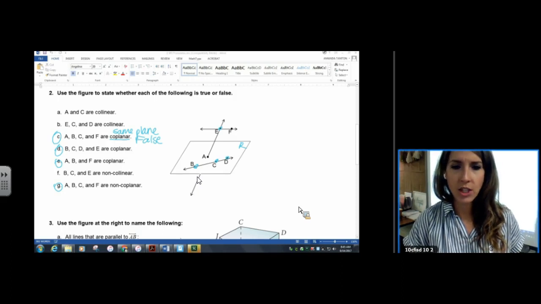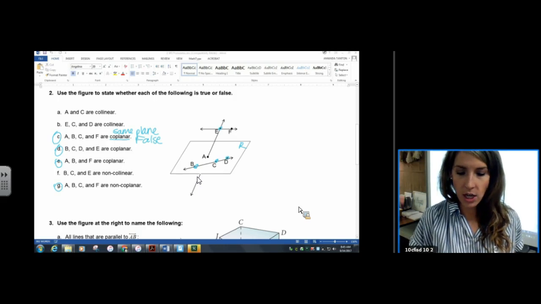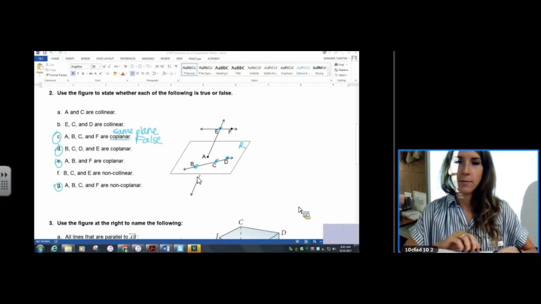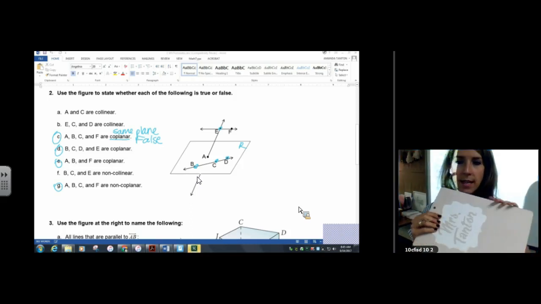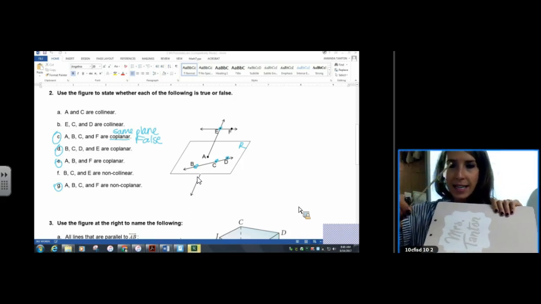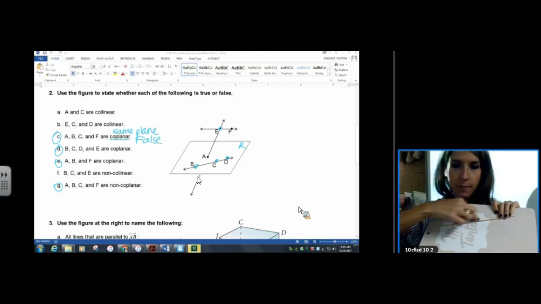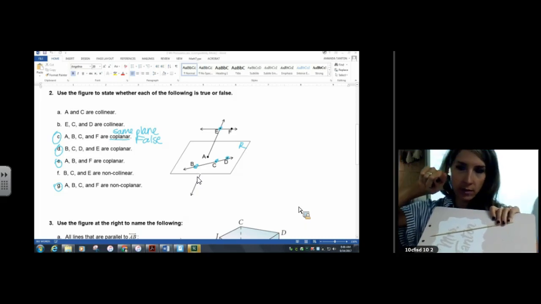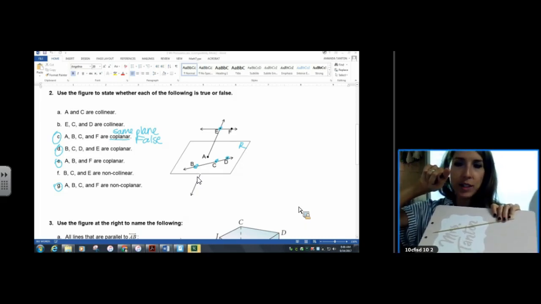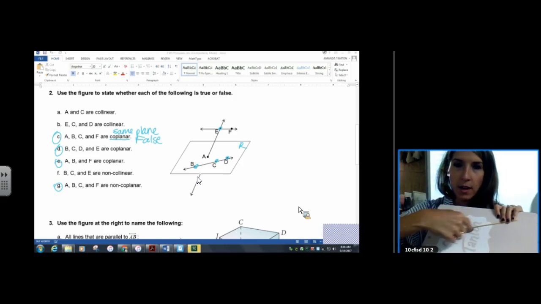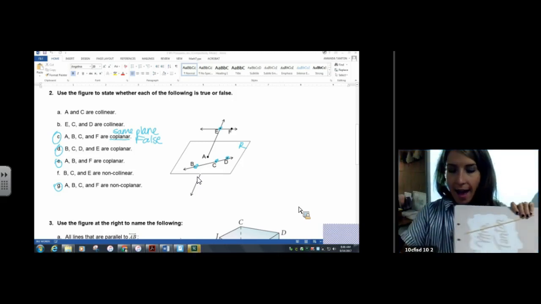Try again. Look again, Chisholm. It's definitely true. If it says false on the answer sheet, then I need to change it. Okay, so here's my plane. Isn't that pretty, Miss Stanton? Here's B, C, and D. They're all on this line. Then I've got point E, and it's up here. Could I put a flat surface through this skewer and the tip of my finger? Absolutely.